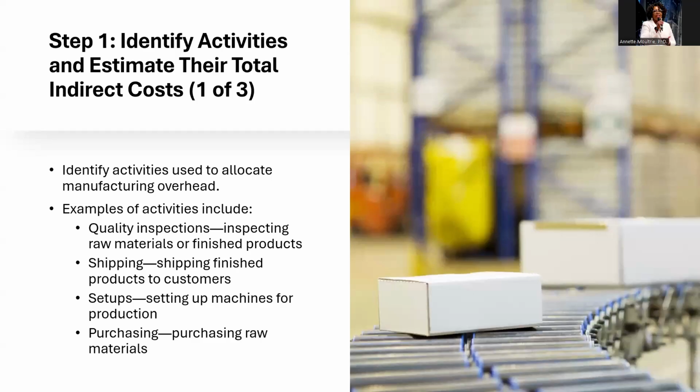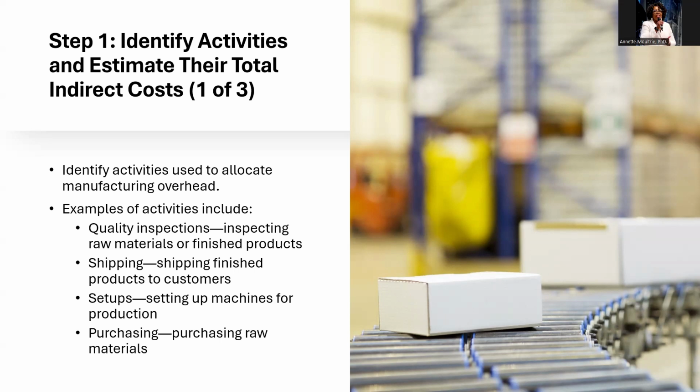So step one, identifying activities for allocating manufacturing overhead. Manufacturing overhead is allocated based on various activities that contribute to production. Some of the common activities used for the allocation include quality inspections, where you're examining raw materials or finished products to ensure quality standards.